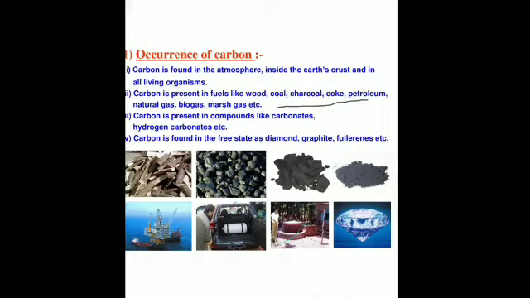Well, in the combined state, that is in the form of various compounds, it is present in the form of carbon dioxide, the gas which is used by the plants for photosynthesis, and animals and human beings exhale carbon dioxide. Then petroleum and natural gas are also combined forms of carbon.